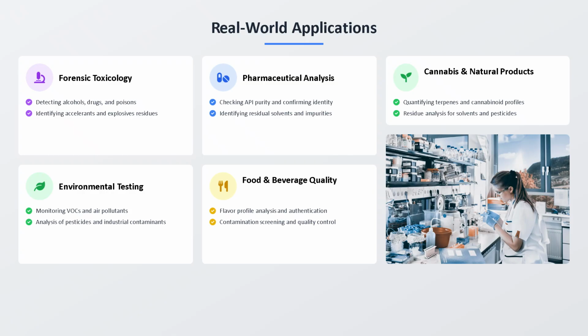In food and beverage manufacturing, GC-MS ensures flavour authenticity and screens for contamination. Even the cannabis and natural health industries rely on GC-MS to quantify terpenes, cannabinoids, and solvent residues. Wherever chemical identity matters, GC-MS plays a vital role.